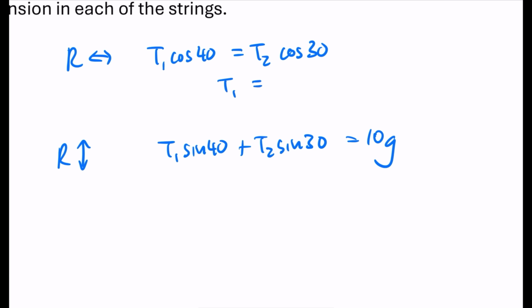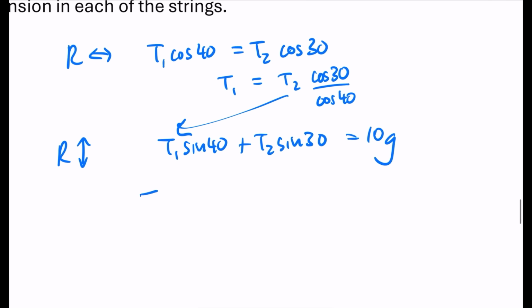My brain probably goes like this, that T1 is T2 cos 30 over cos 40, and I'll substitute that in here. So T2 cos 30 over cos 40 times sine 40 plus T2 sine 30 is equal to 10g.